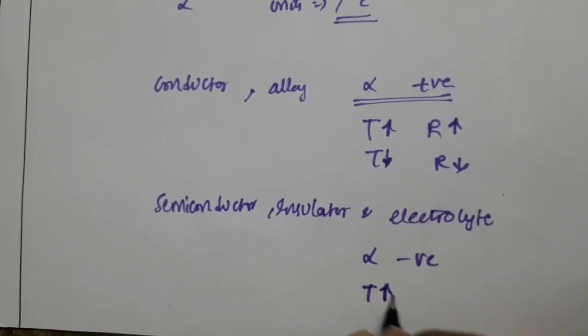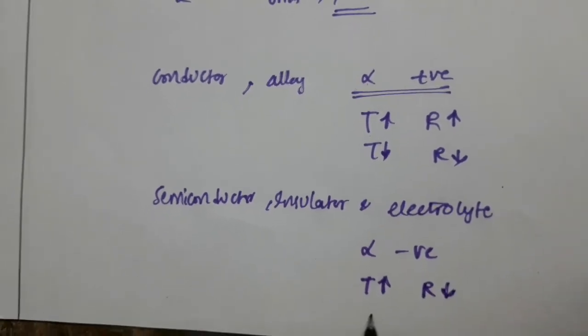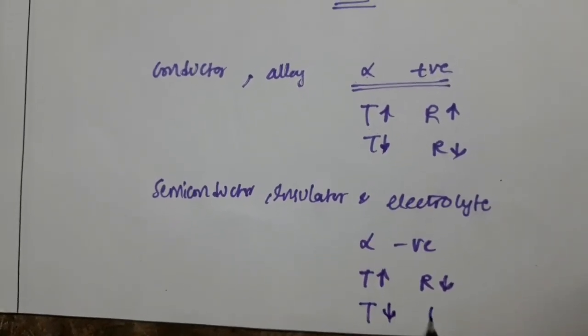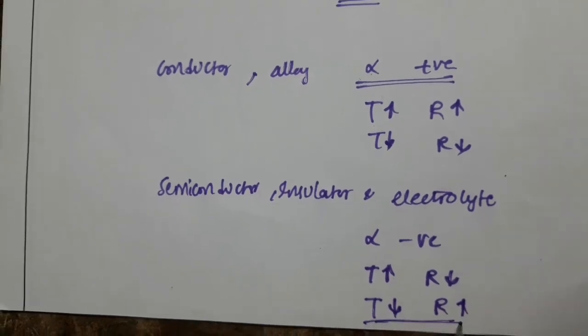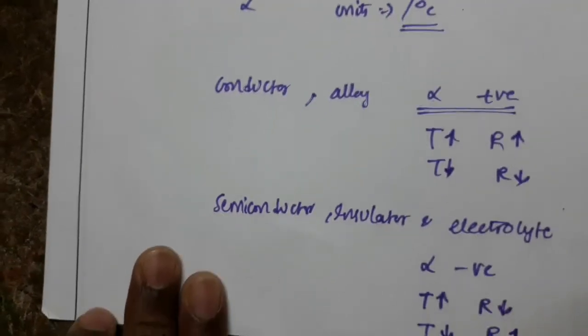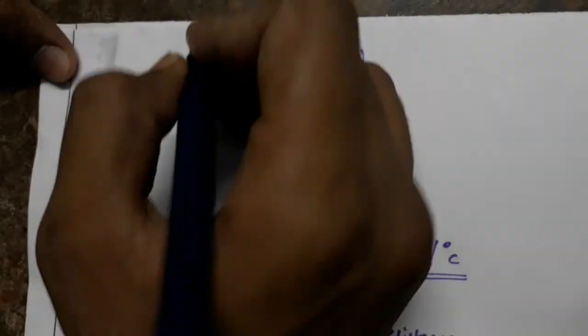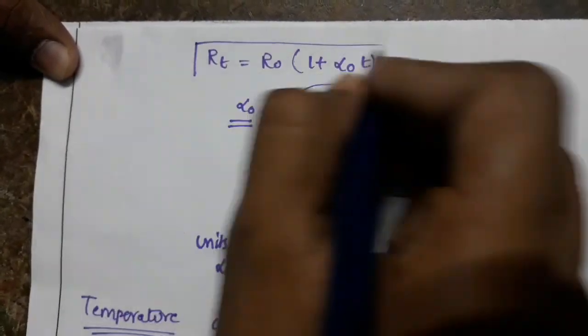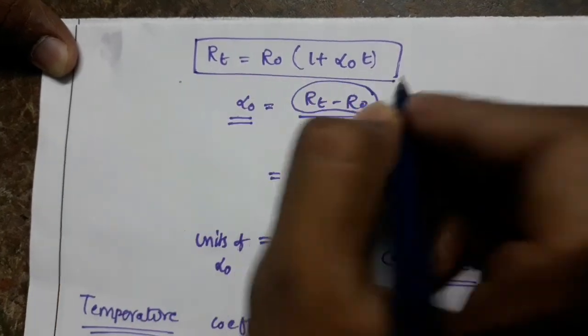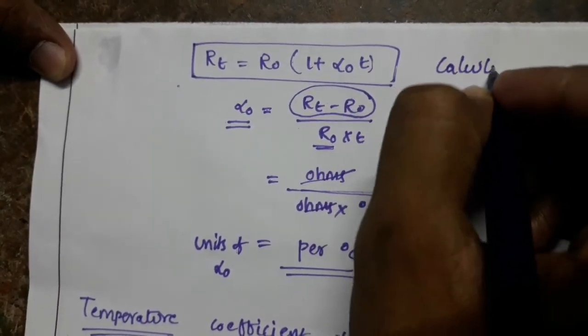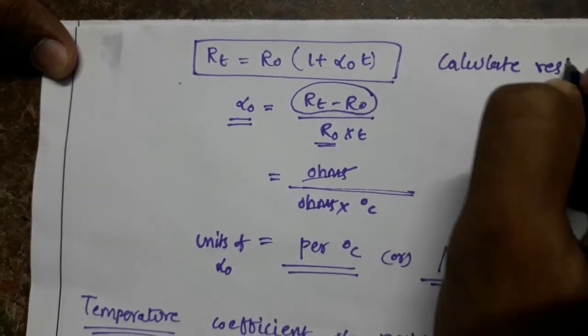That is, when temperature increases, resistance decreases, and when temperature decreases, resistance increases. By using this equation, we can calculate resistance at any temperature.